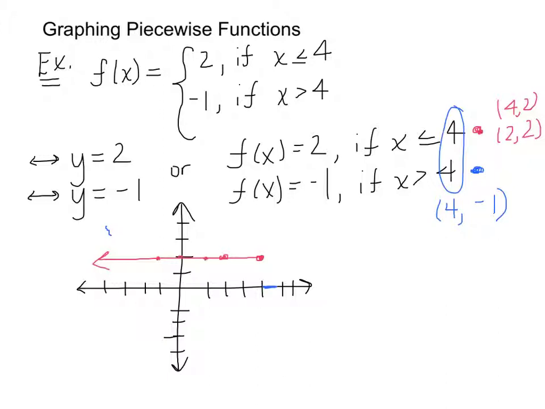So at 4 and -1, 4 is not included. So I need a number that is larger than 4. So I'll just pick 6. And my y values are -1 again. And if we keep going, we'll notice that this line is going to positive infinity. And there's my piecewise function.